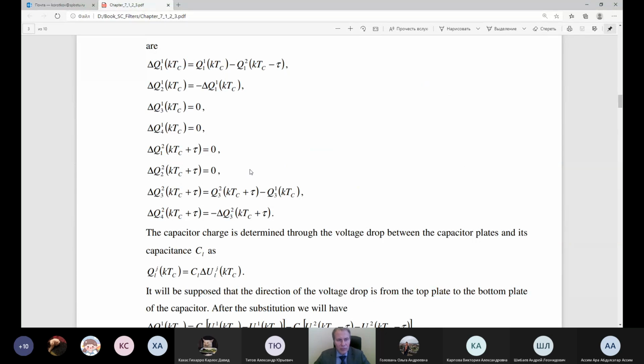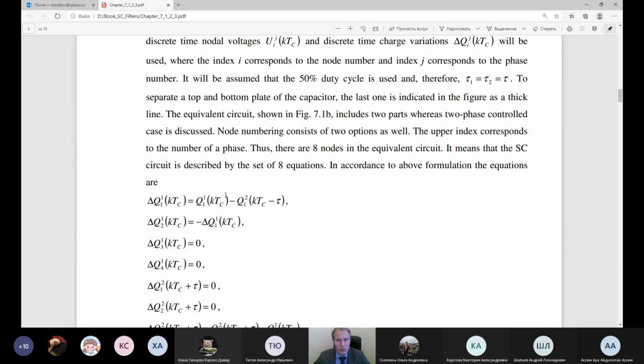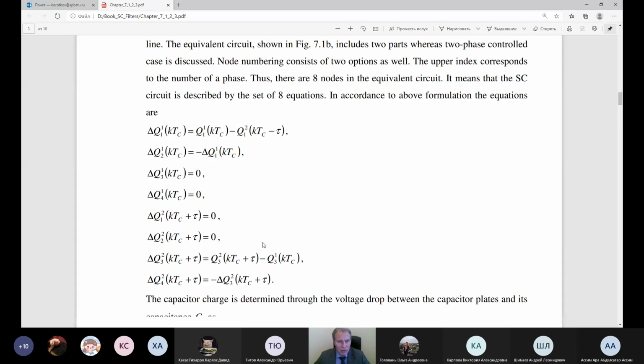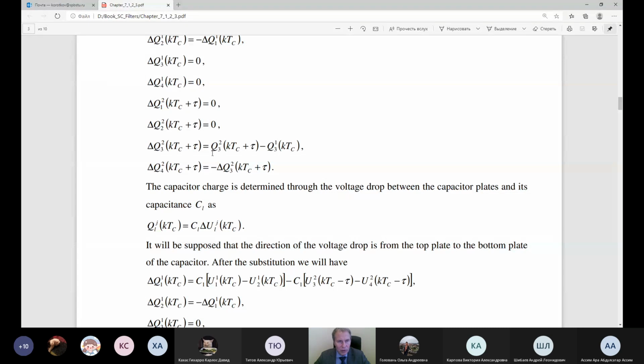And the next equation corresponds to the node number 3 on the second phase. So it means that we have the charge on the same capacitor, with the exception of the charge on the same capacitor before, on the first phase.